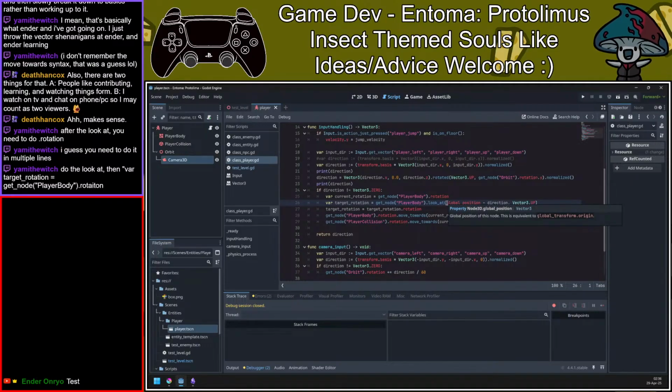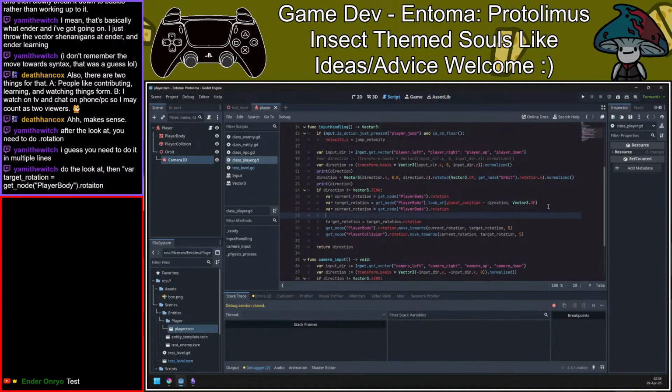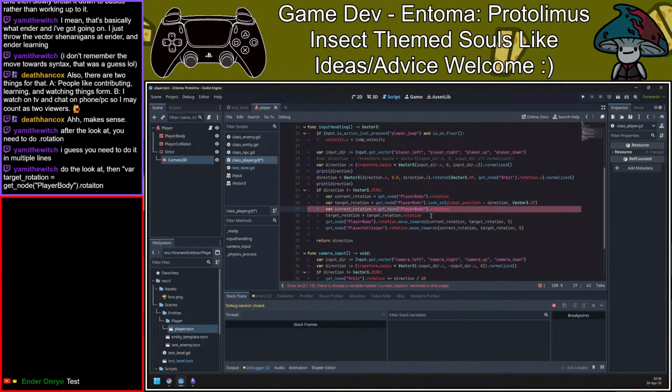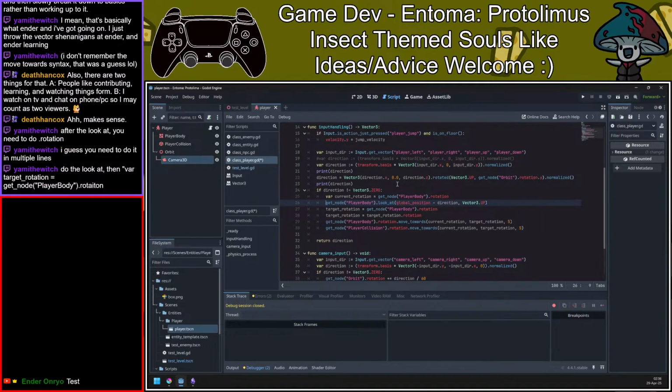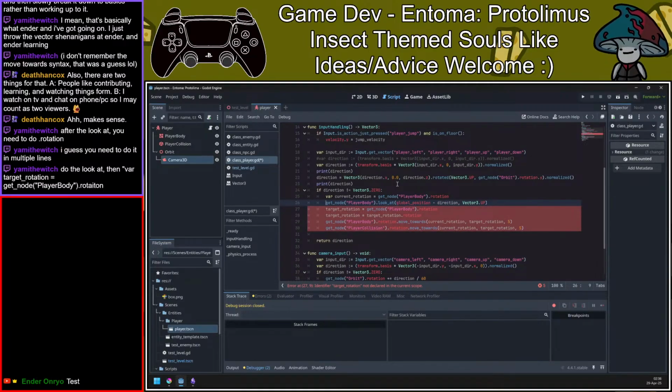Then target location equals get node player bot. Okay, so get the current rotation.